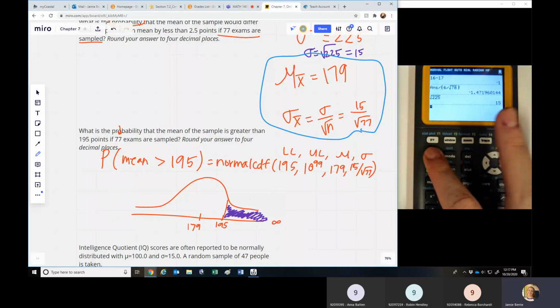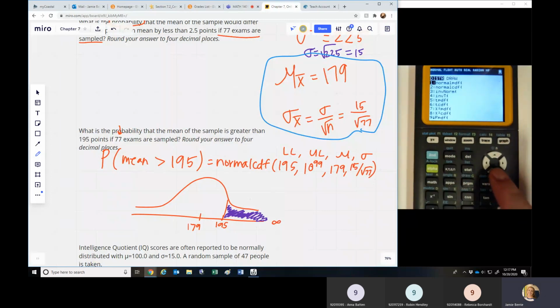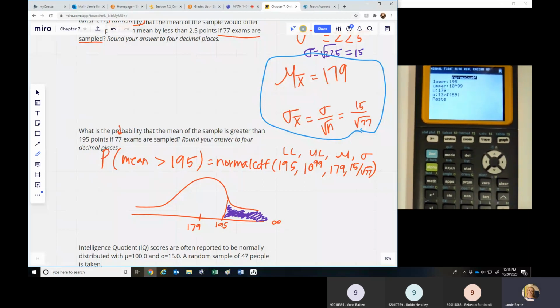All right, so go to second VARS and go to normal CDF. Now we're going to type in our lower limit and our upper limit, so 195 and 10 raised to the 99. The mean was 179.